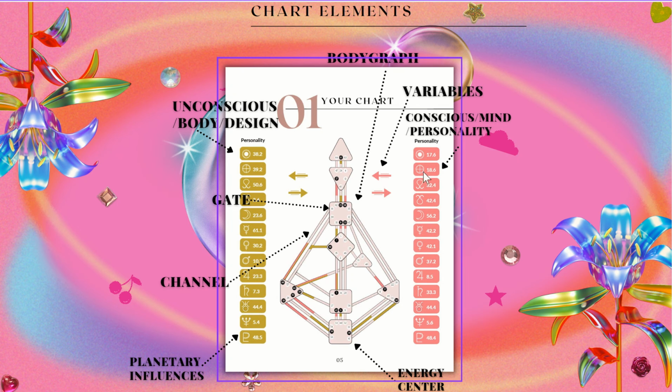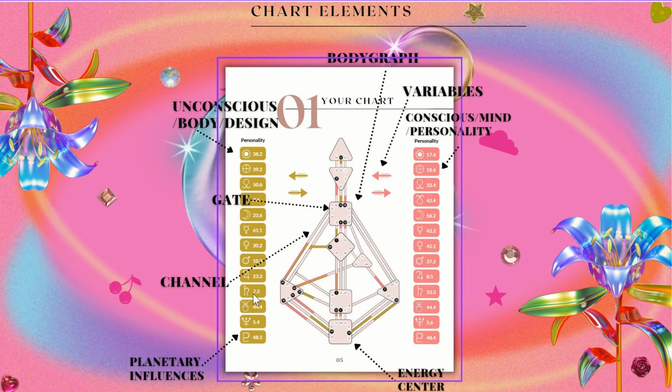Over here on this side is 88 degrees prior to this moment, so around 3 months before the moment of your birth. That's when we get this calculation. And this is your unconscious design, or specifically the design of your body, of your physical form.